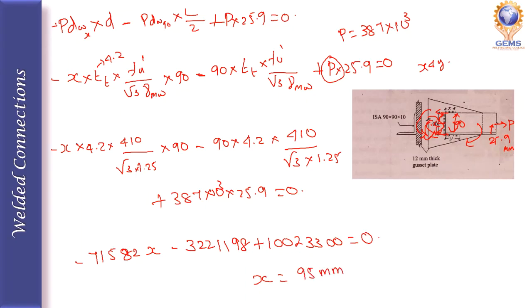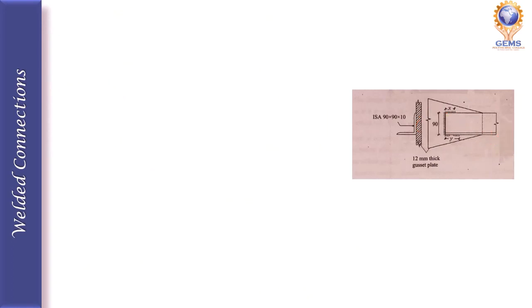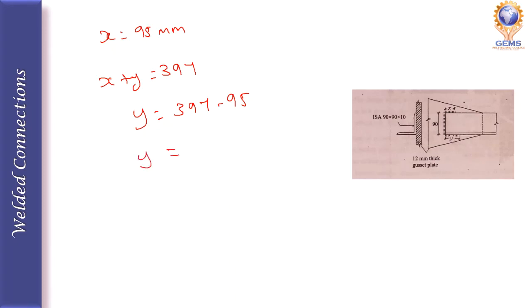Now that we know the x value, we can substitute it in equation number 1. The x value we found is 95 mm. So the y value is equal to 397 minus 95, and you will get 302 mm.